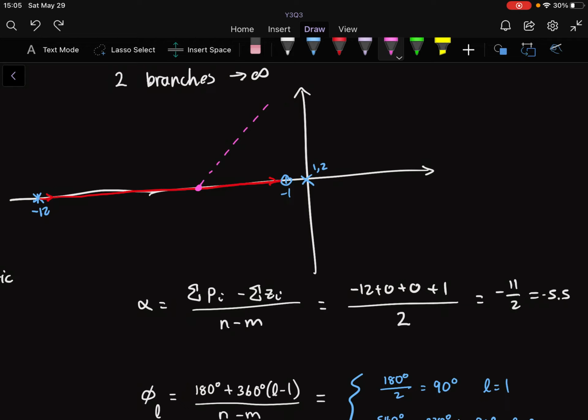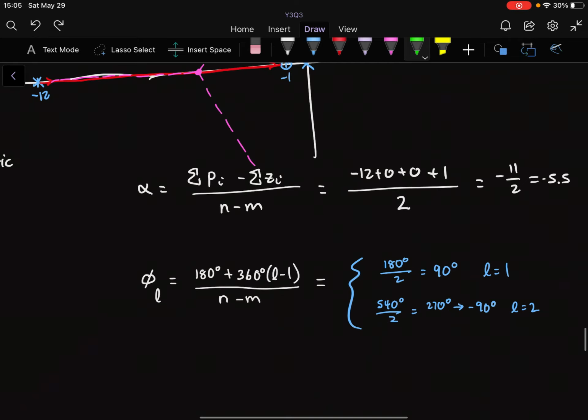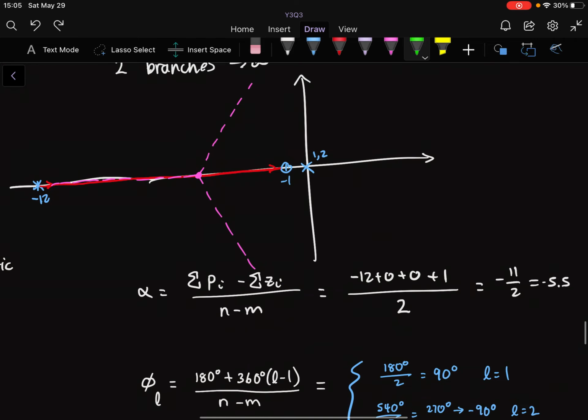That looks more like 45. The lines of your asymptote should be equally spaced, so these angles should all be equal. 360 divided by 3, they should all be 120 separation. That's basically what this equation does. Okay, so now we have our asymptote.